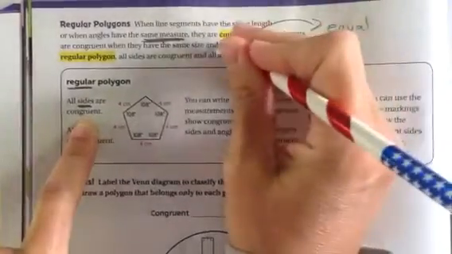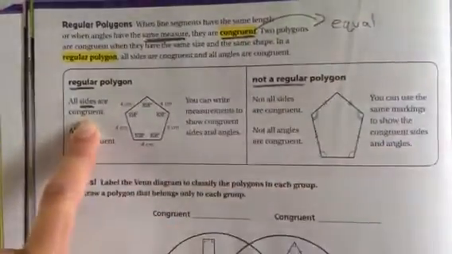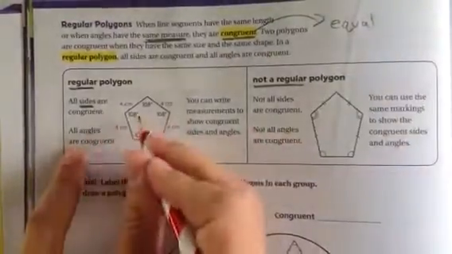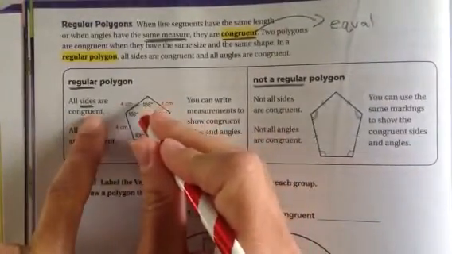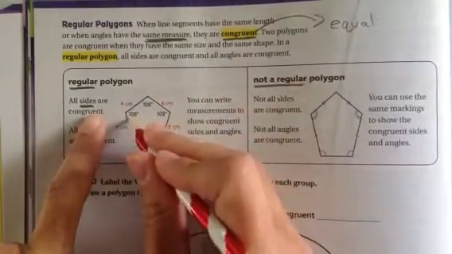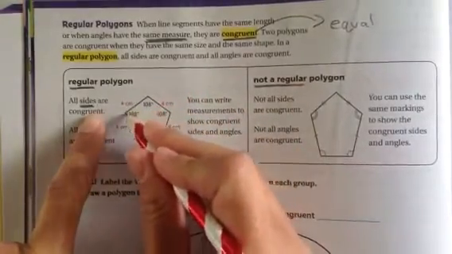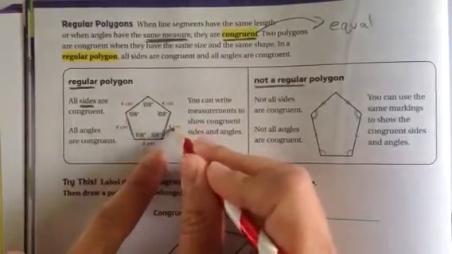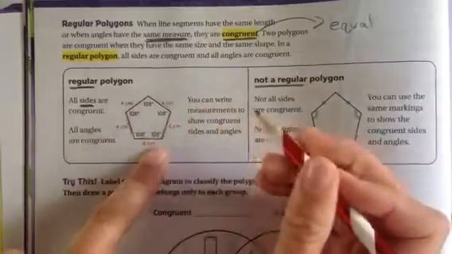Okay, so everybody say congruent. Congruent. So if all their sides are the same, for example, we look here, we have 4 centimeters. Here's another side, it's 4 centimeters. Another side is 4 centimeters, 4 centimeters, and 4 centimeters.